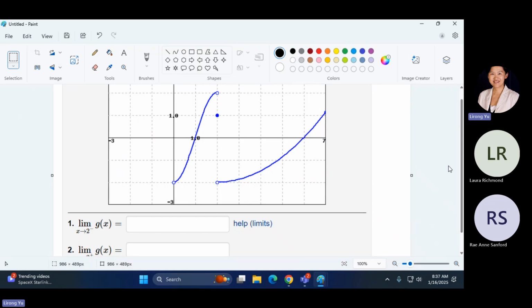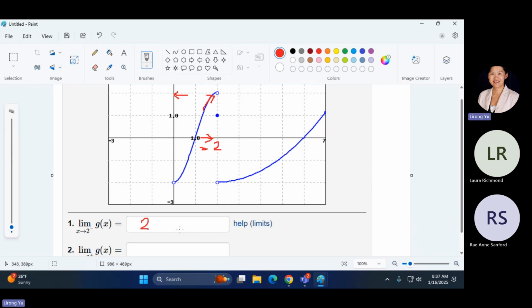Negative means left, positive means right. So if you're approaching 2 from the left, which is the negative side, it's going here. You can see that value is 2. That limit, we okay?